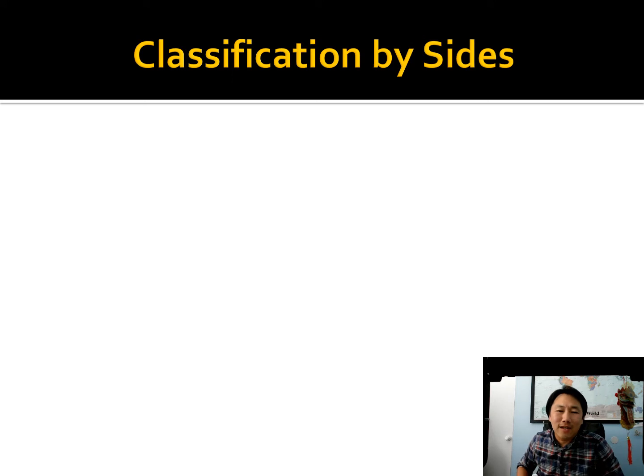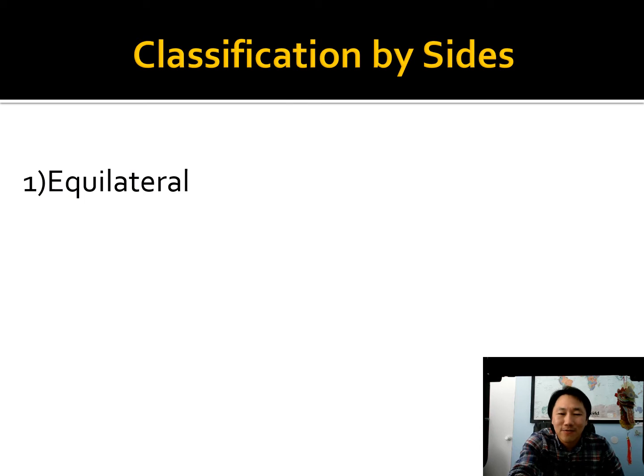All right, let's go ahead and classify triangles by their sides, how big their sides are compared to each of the sides. For example, an equilateral triangle. If you look at the root word, it is equal. Lateral meaning sides.